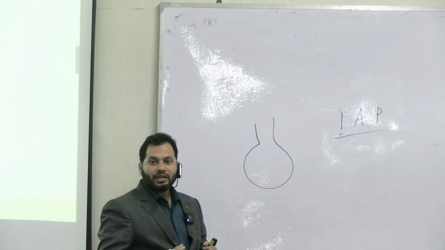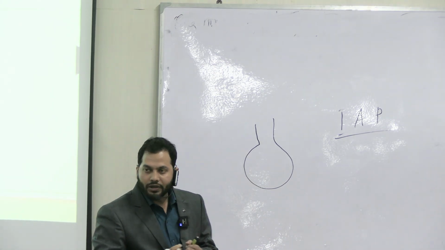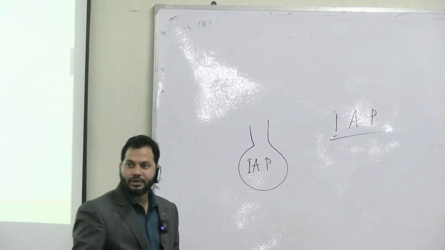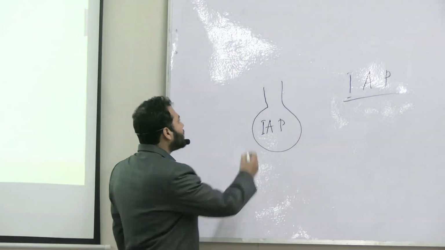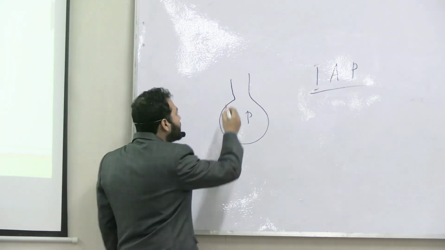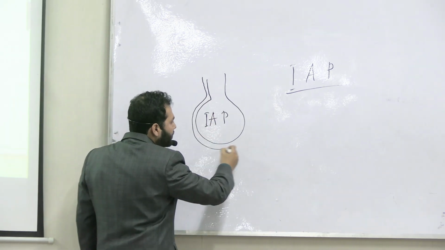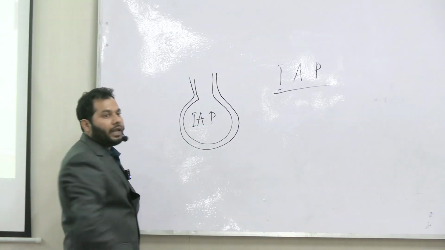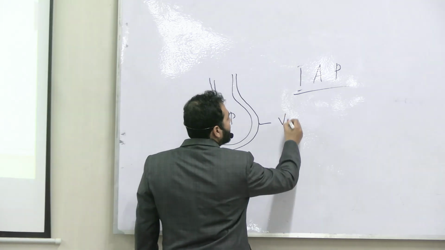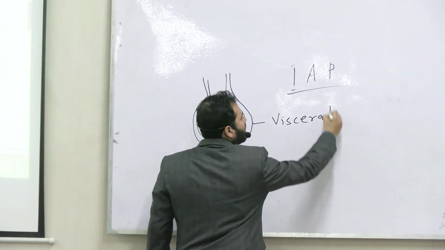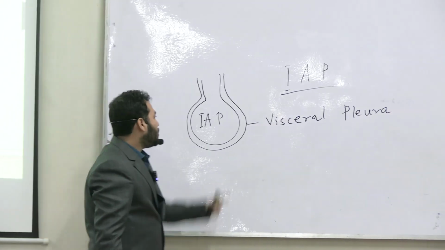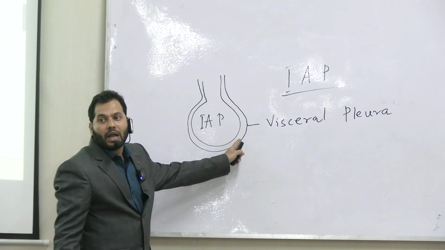The pressure exerted inside the lung alveoli is called intra-alveolar pressure. Right? Here, the outer surface of the lung alveoli is covered by a membrane. The name of this membrane is visceral pleura, which immediately attaches to the outer surface of the lung alveoli.